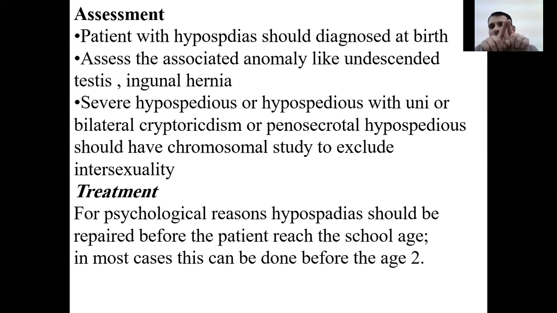The opening of the urethra is located between the penis and scrotum, with bilateral undescended testis, deficient scrotal skin, and deficient scrotal creases. This baby should be investigated with a chromosomal study to exclude intersexuality.